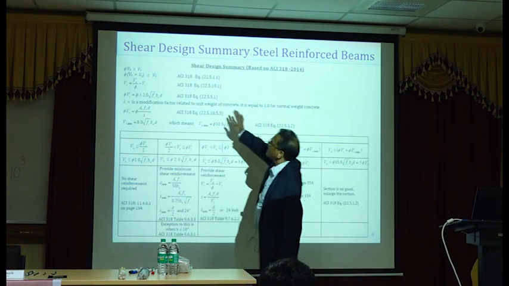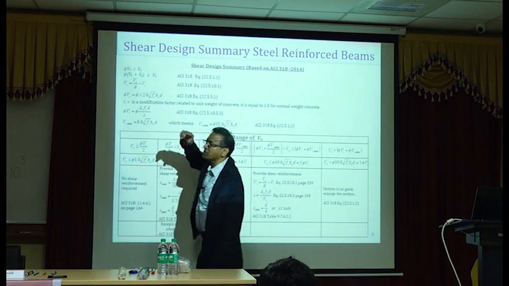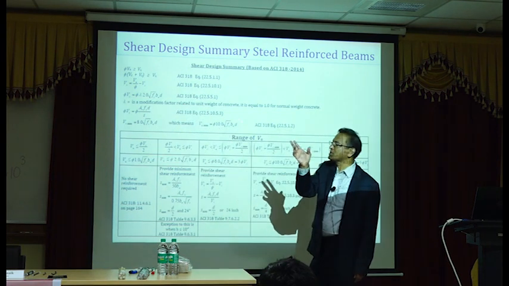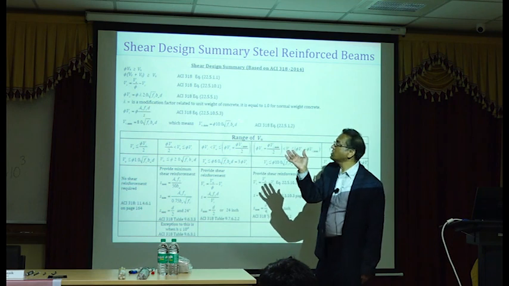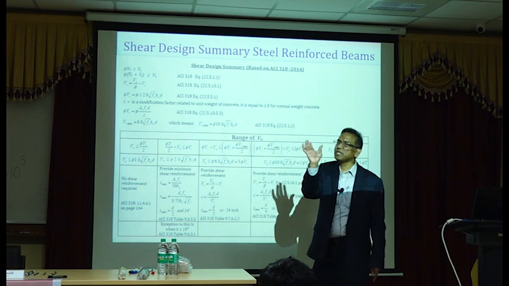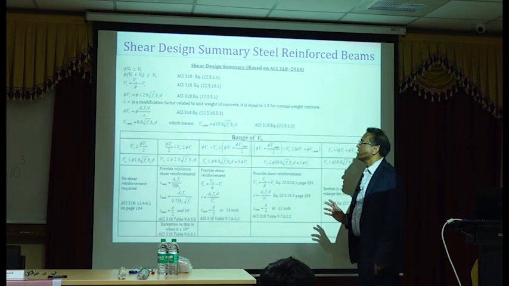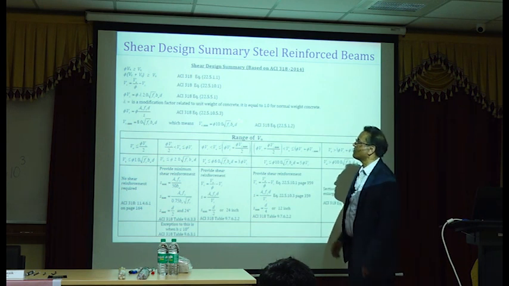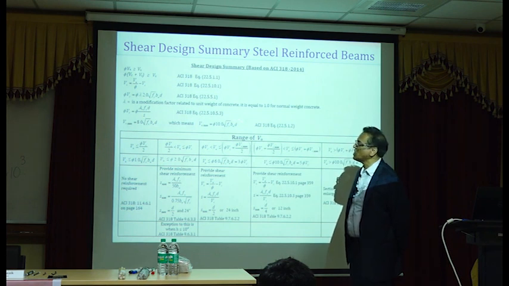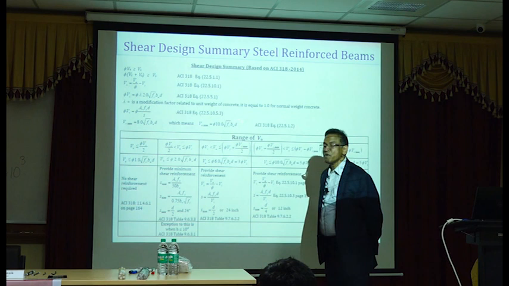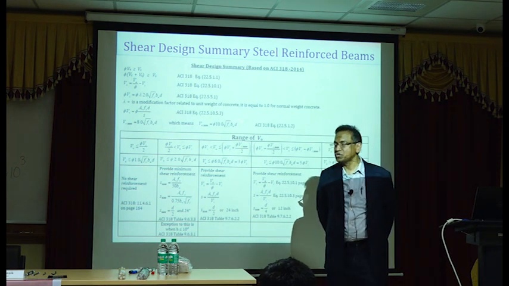Anyway, in case of steel reinforced concrete, the shear area is bw, where subscript w is for the web. If you have a T-beam, you still consider only the web width as the width of your shear area. So 2 times square root of f prime c times bw d, that's your V sub C, the concrete contribution.